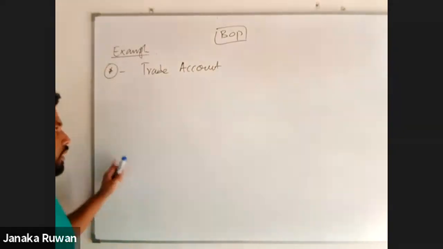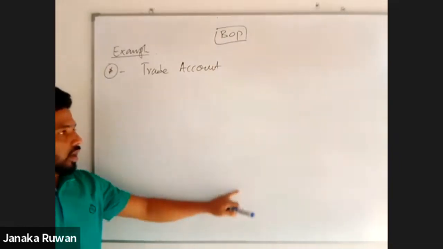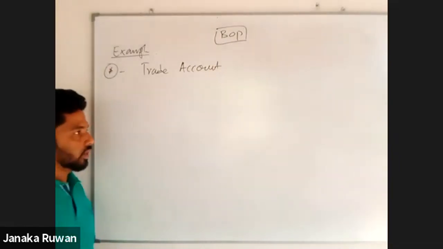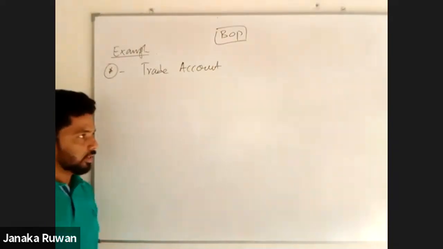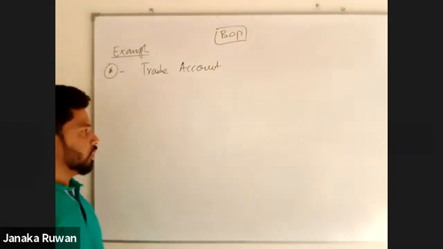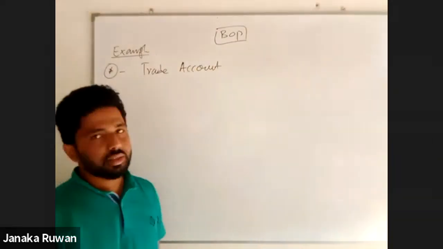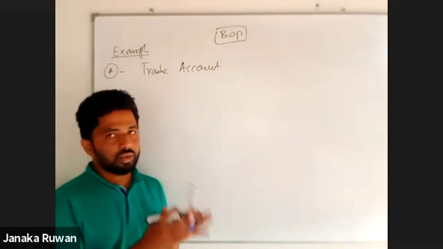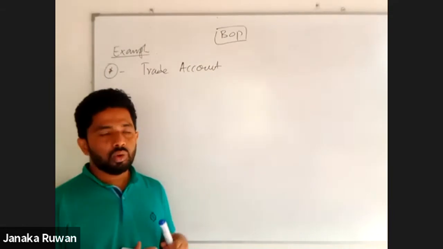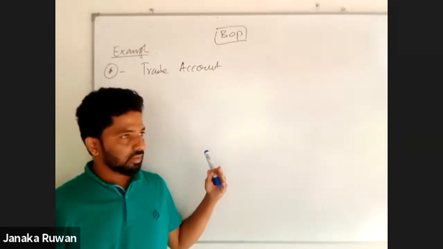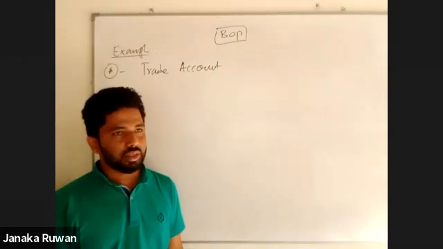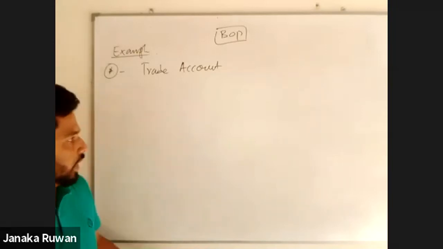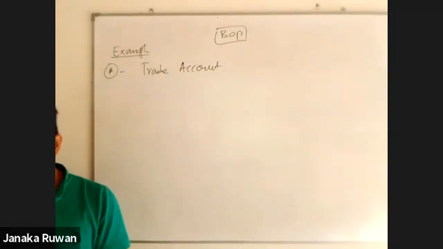We need to simplify all the balance of payment categories and discuss them part by part. It will help create a better understanding in your mind. That is why I'm going to discuss part by part, not the whole balance of payment at one time, because it would be difficult to understand.